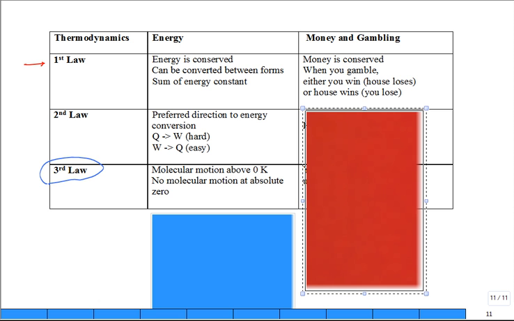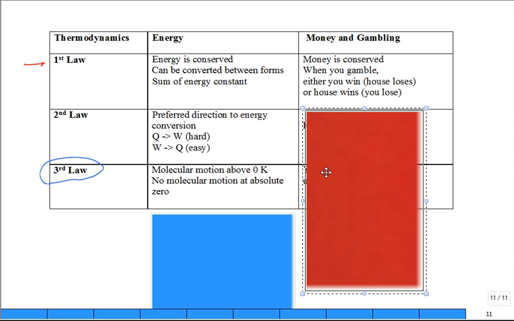When you gamble, either you win and somebody else loses. Maybe you're playing in Las Vegas, at a casino, they call that the house. So either you win and the house loses, or the house wins and you lose. But at the beginning of the night and at the end of the night, there's the same amount of money somewhere. It may have changed in location, but it's conserved. So that's the money and gambling analogy with the 1st law.